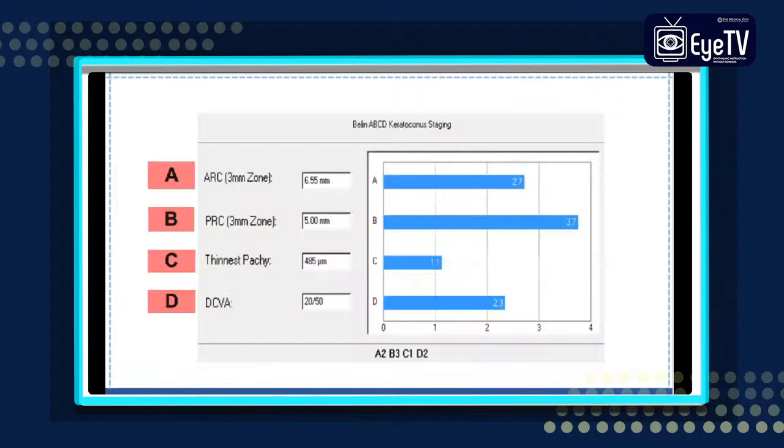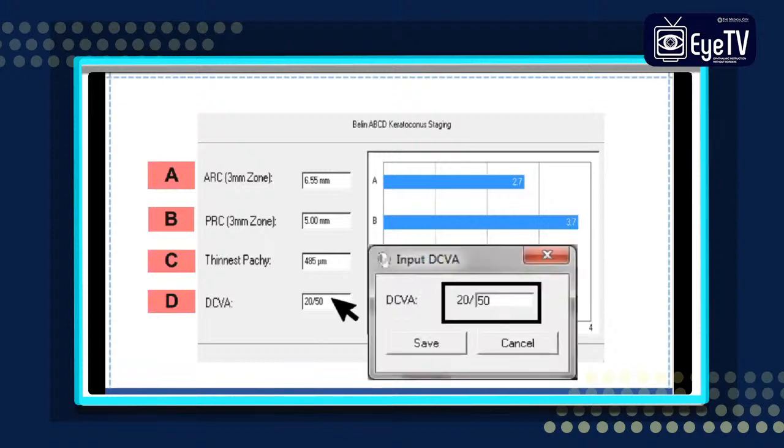So this is what the Belin ABCD keratoconus staging looks like in graphical form. Again, to recap, we have A for anterior cornea, B for the back or posterior cornea, C for corneal thickness at the thinnest location, and D for distance corrected. The A, B, and C parameters are automatically graded by your software, but you have to manually input the DCVA into your grading system.